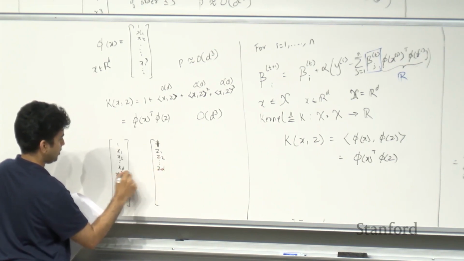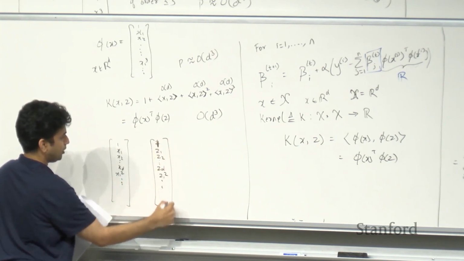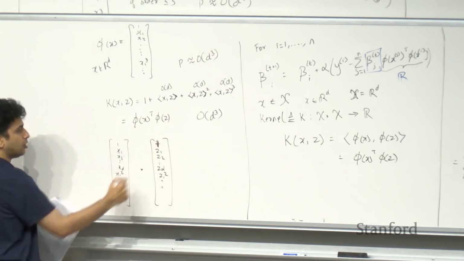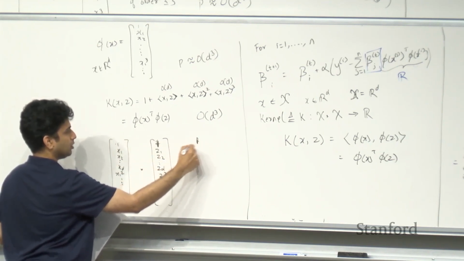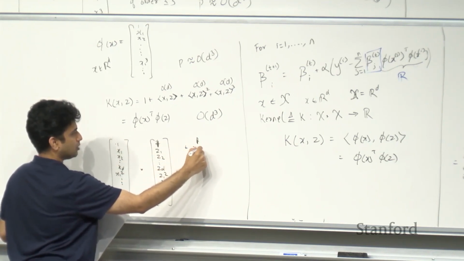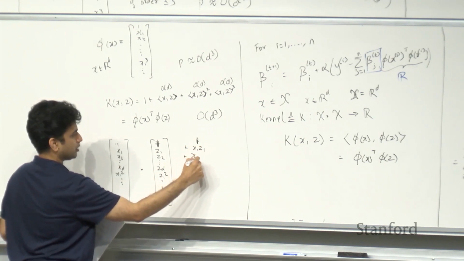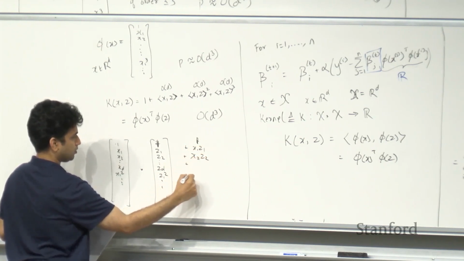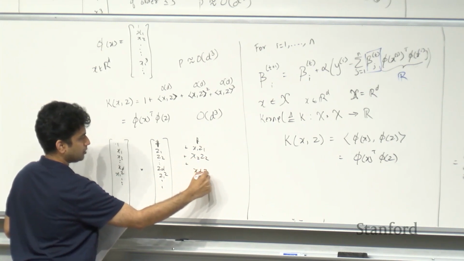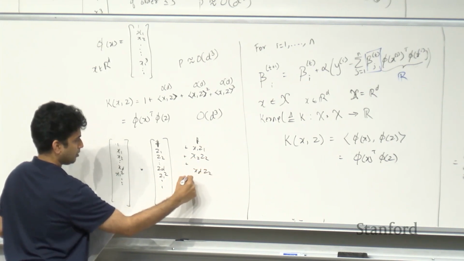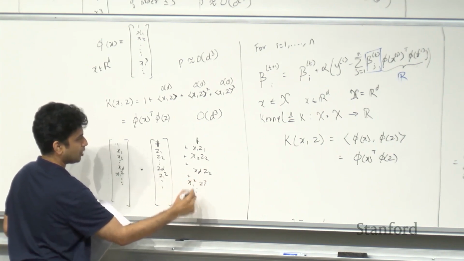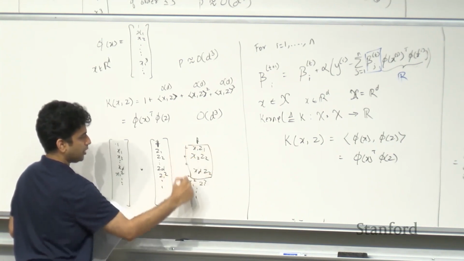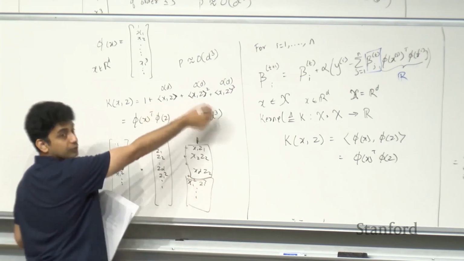You have x1 squared, z1 squared, and so on. If you take the dot product between these two, you get 1 plus x1 z1 plus x2 z2 plus so on till xd zd, plus x1 squared z1 squared, and so on. Then you can group the terms, and each of those will correspond to one of them.